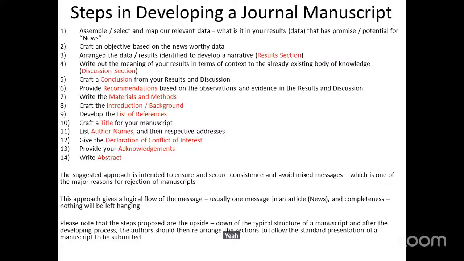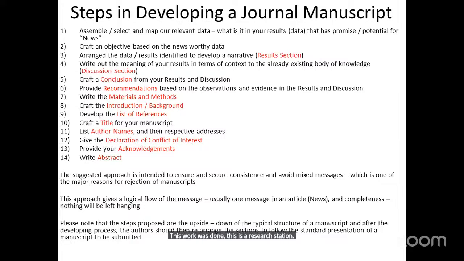Now, you need to provide an acknowledgement as the second last step, and then lastly, write an abstract. The abstract is a summary of the paper, and you cannot have the summary before all the sections. Within the summary, you may need all these sections. Even the acknowledgement may feature in the summary: this work was done at this research station, this network.